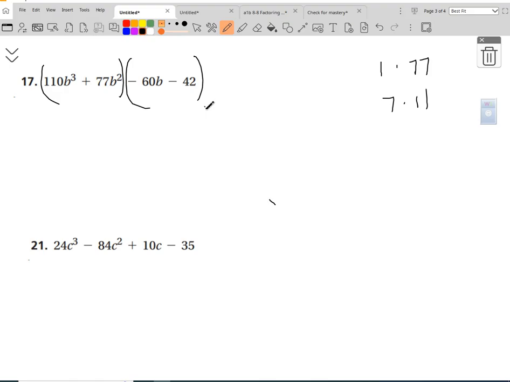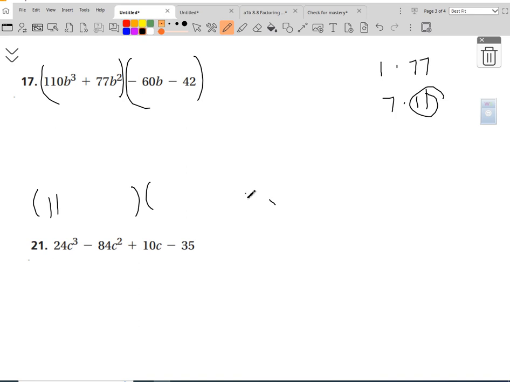So I'm going to take 110 and divide it by 7 and 11. I think it might be 11 times 10, so let's do it. 110 divided by 11, yeah, that's 10. So 11 is the greatest common factor numerically here, because 11 times 10 is 110.